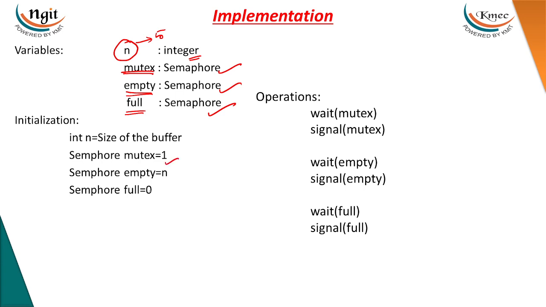They are initialized as mutex 1, empty n, full 0, and these are the operations that will be performed: wait on mutex, signal on mutex, wait on empty, signal on empty, wait on full, signal on full. In short, wait will decrement the value by 1, and signal will increment the value by 1.